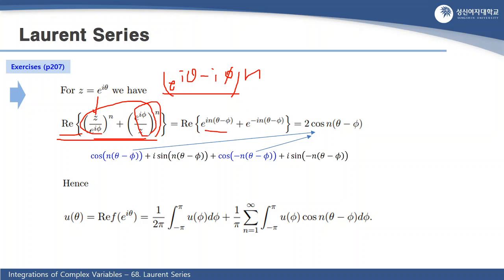And because z is equal to e to the i theta, then negative i phi, negative i theta, to the power of n, if we consider that, then we get this. We know the Euler formula: e to the i theta is cosine theta plus i sine theta.